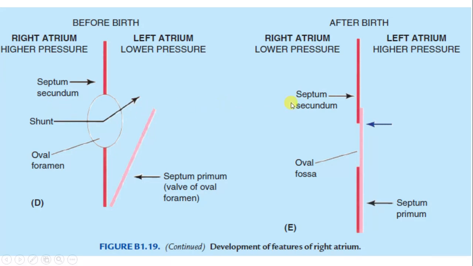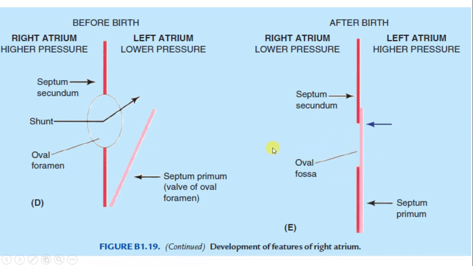But after birth, there is no need of this foramen, because the left side is supplying the blood to the whole of the body through the left ventricle. So this foramen needs to be closed, and this septum primum, here you can see, is becoming closer to the part of the septum secundum, and the foramen is closed.